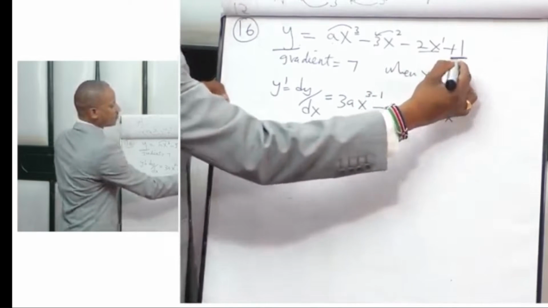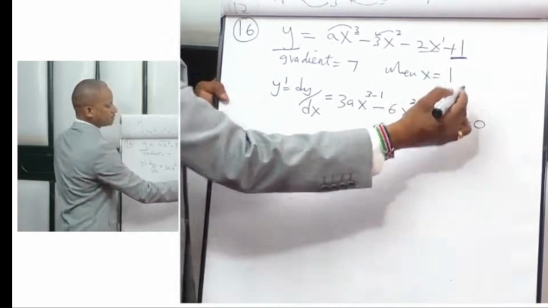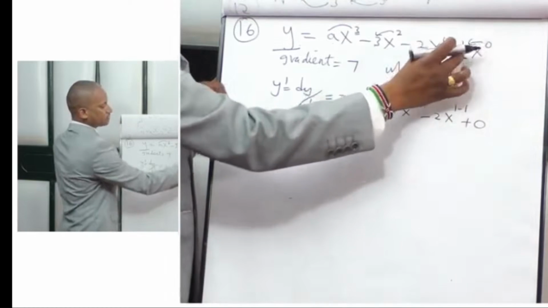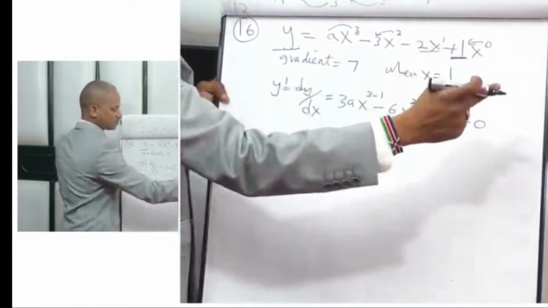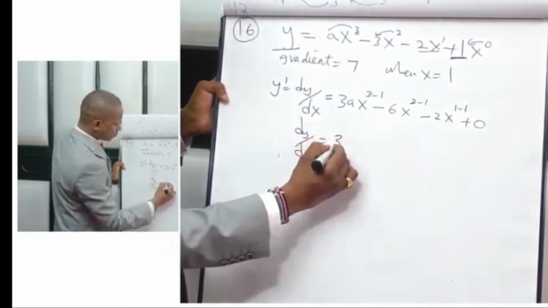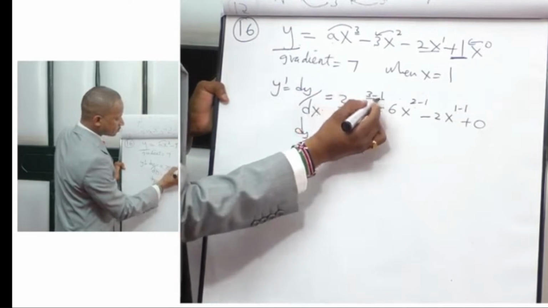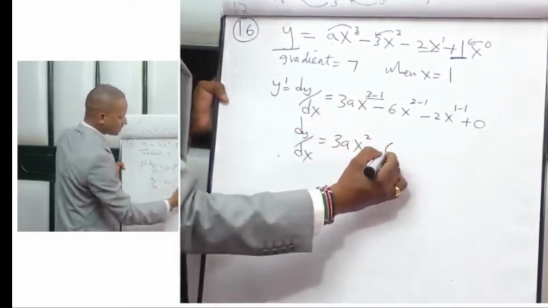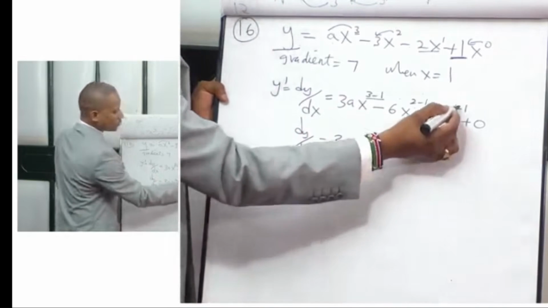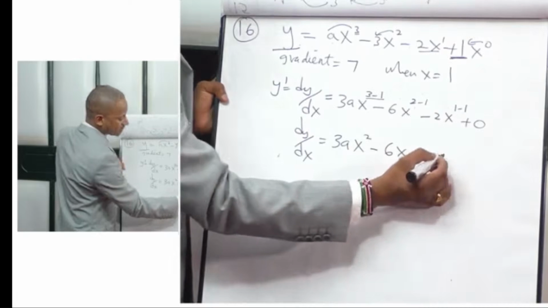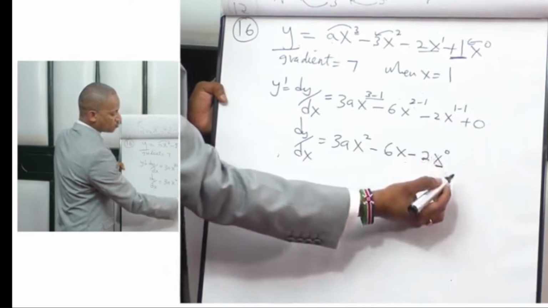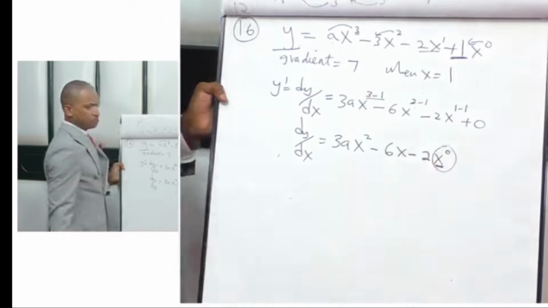Then when you differentiate a whole number, you get 0. I said this is x raised to power 0. So you drop power 0, 0 times 1 is 0. 0 times x is 0. So that gives you 0. So dy dx equals 3a x squared minus 6x minus 2. This is x raised to power 0, which is 1. If this is 1, 1 times 2 is 2.